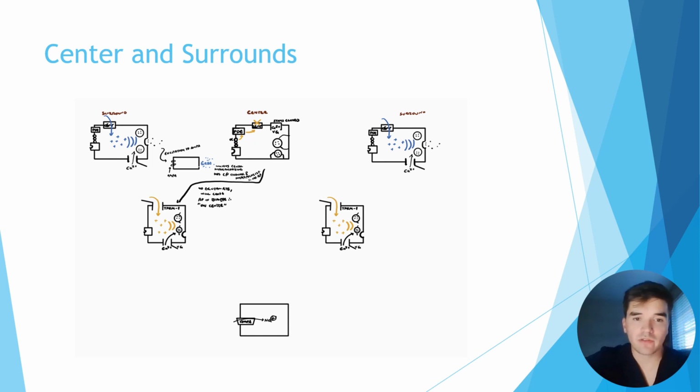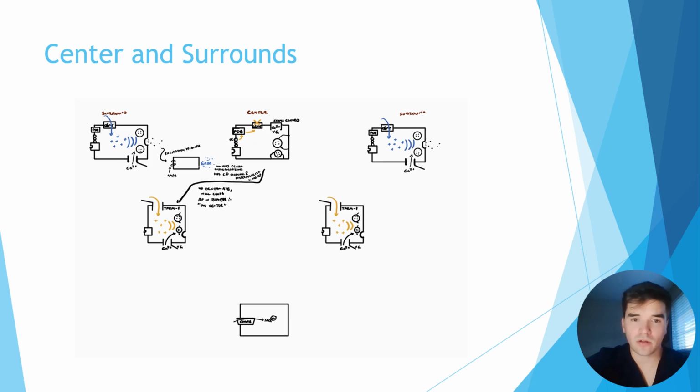Every photoreceptor is the exact same. It just depends on what is happening. Generally, every receptor is the same. What makes it different is that you have a group of them, and generally you have a center and you have a surround.